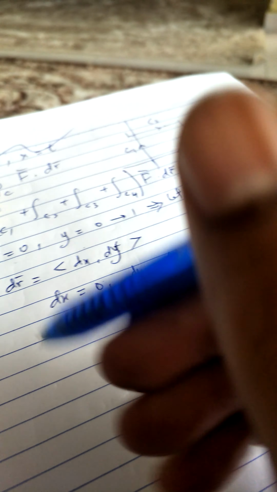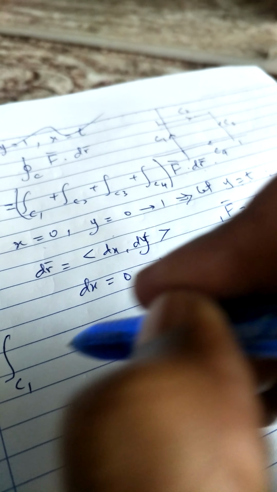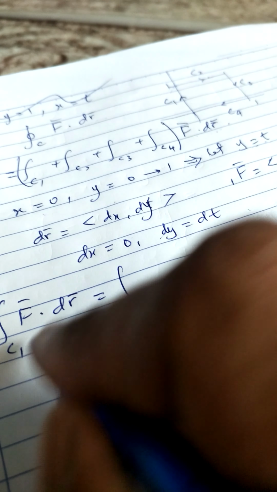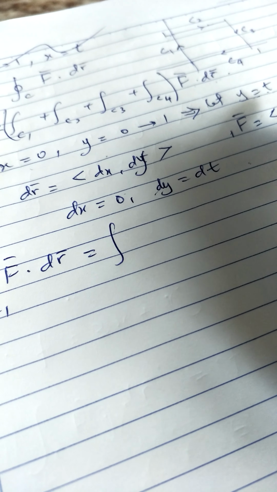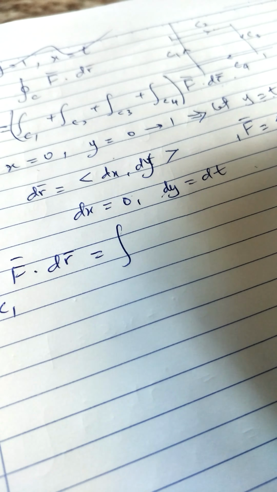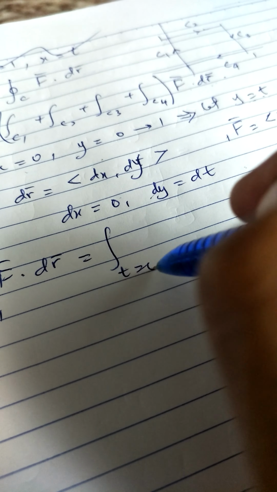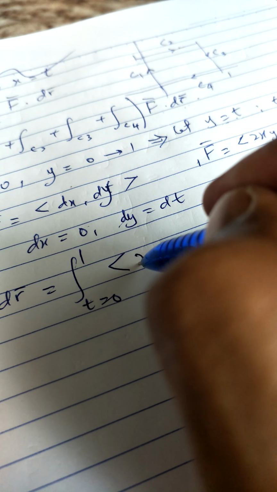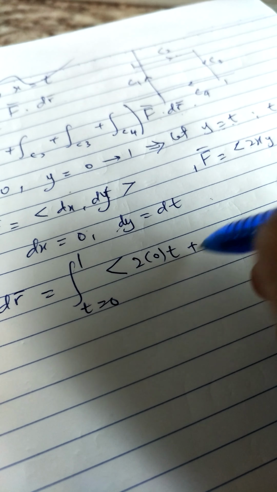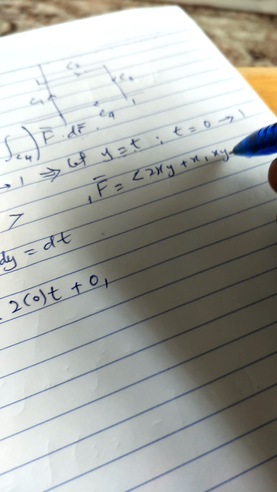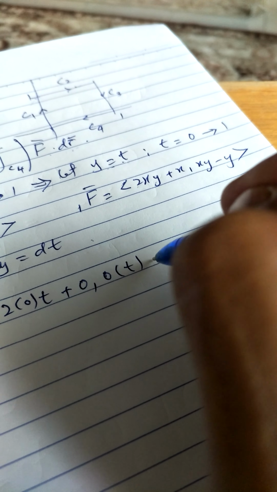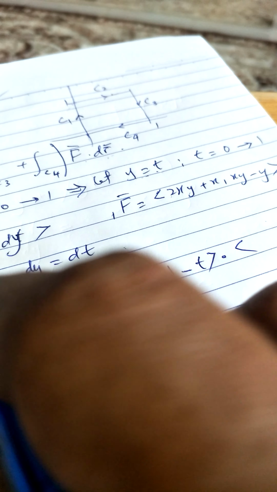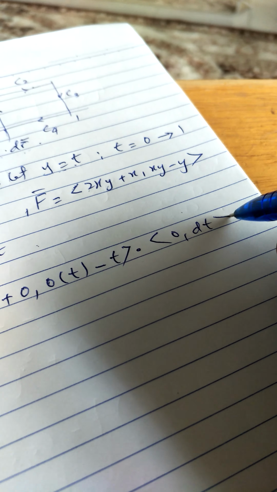So the integral over C1 of F dot dr, now we integrate over t because we have changed dr and everything to t. So this is t from 0 to 1. Our F is 2 times x, which is 0, times y, which is t, plus x, which is 0, and then x times t minus t, dot 0 and dt.